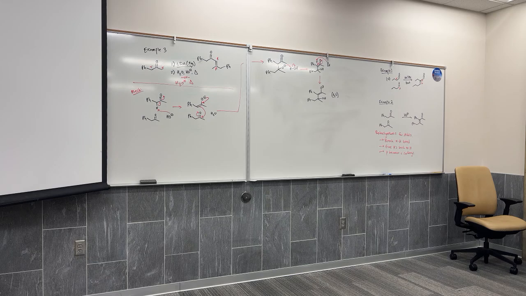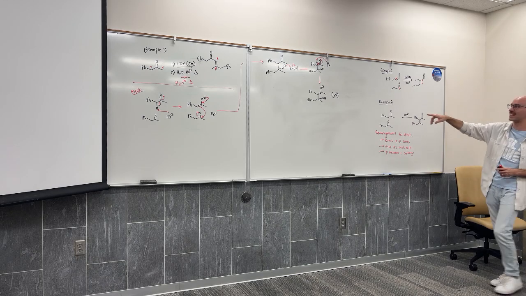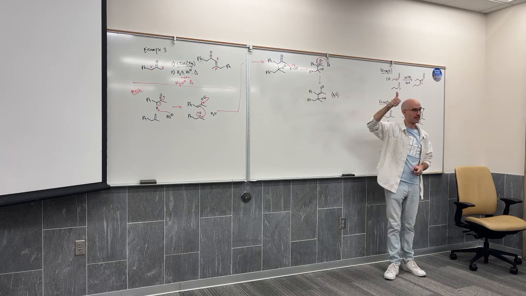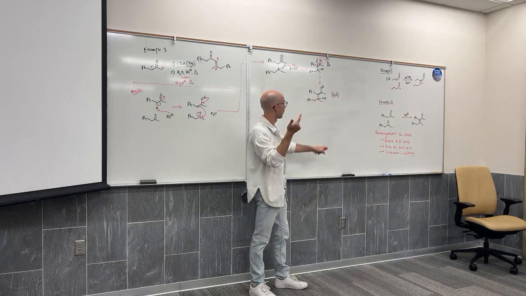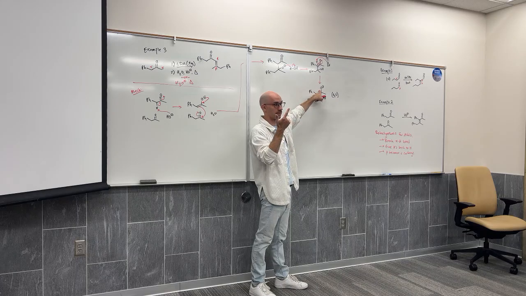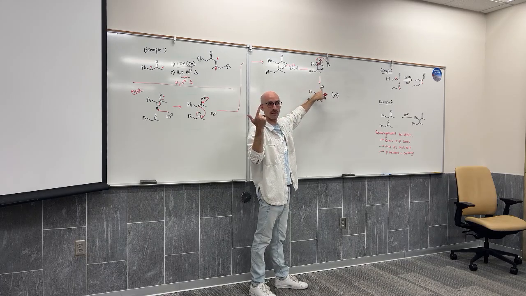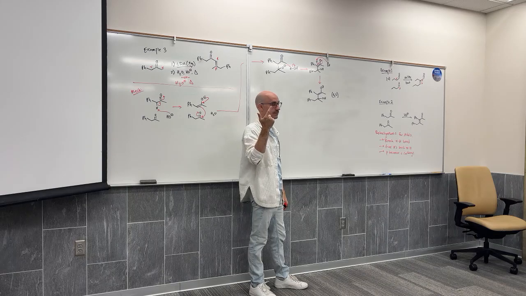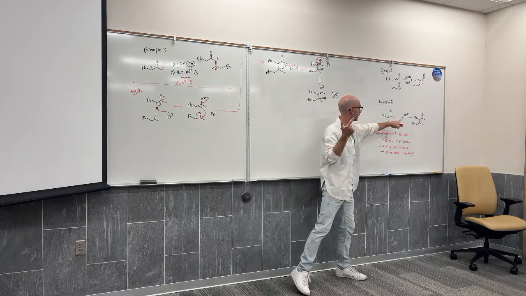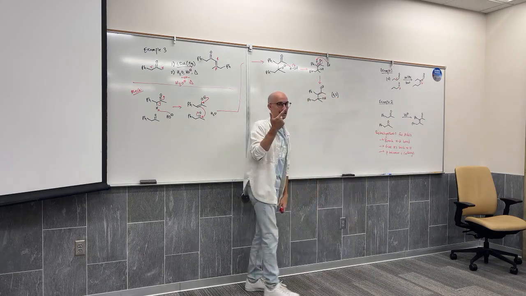Okay, but tell me what bonds need to break and tell me what bonds need to form. The CO bond needs to break here. Yeah. What else? The double bond. The CO double bond needs to form. Okay, what else? You said the CO bond needs to break. That needs to break because it's not there in the final product. Right.